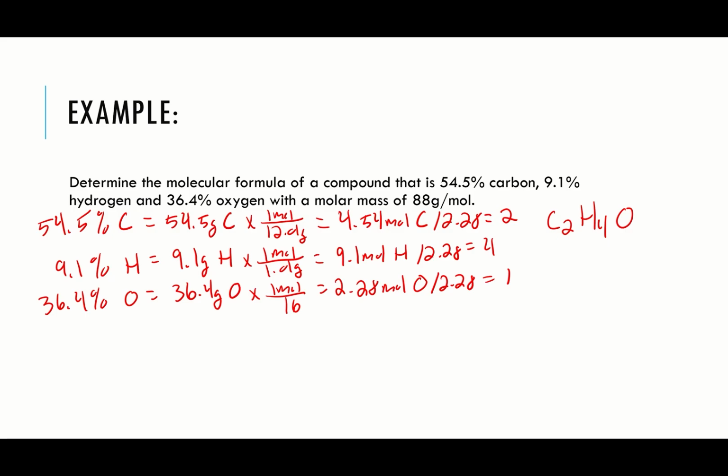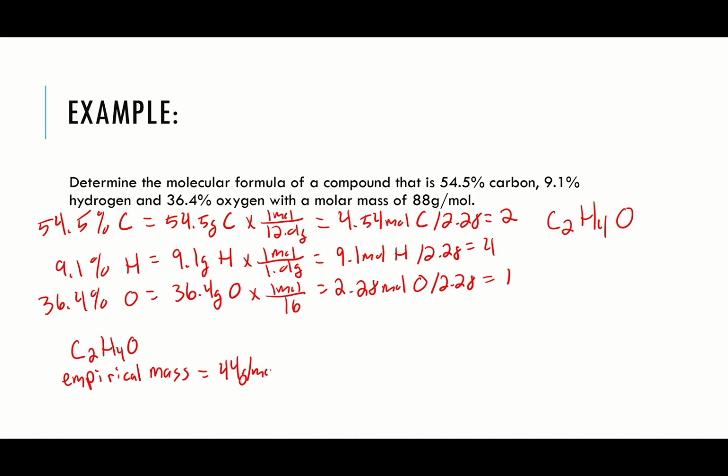Since the molecular formula may be reduced by some factor to the empirical, it makes sense that the mass would be reduced by that exact same factor. So we would take our empirical formula, C2H4O, and determine its empirical mass, which is just the molar mass of the formula, so taking the mass of the 2 carbons, the 4 hydrogens, and the 1 oxygen.